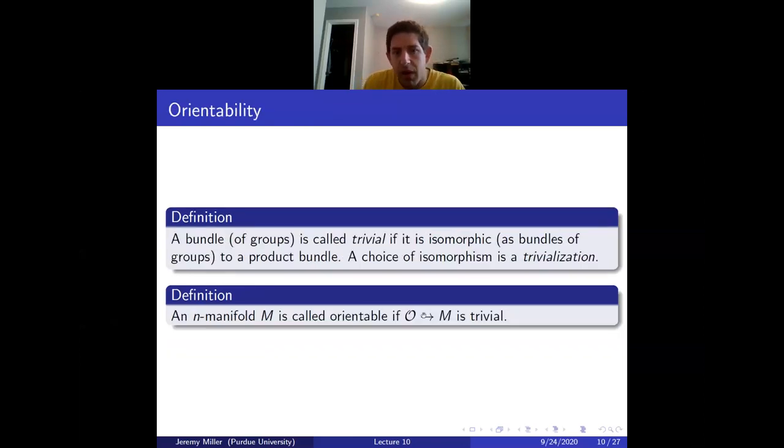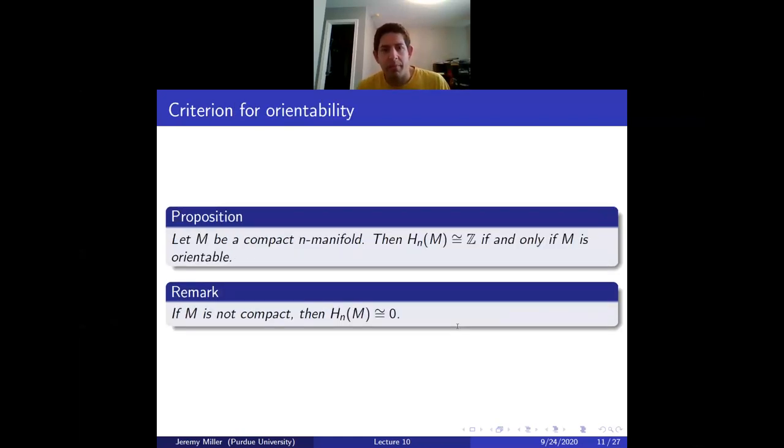Yeah, so a bundle is orientable if this orientation bundle is trivial. Great. So here's a criterion that, in practice, is often easy to check for a compact manifold to be orientable.